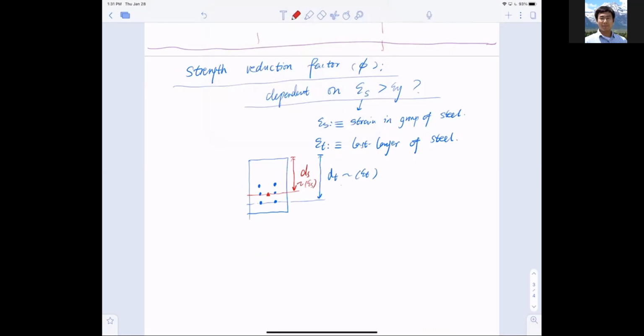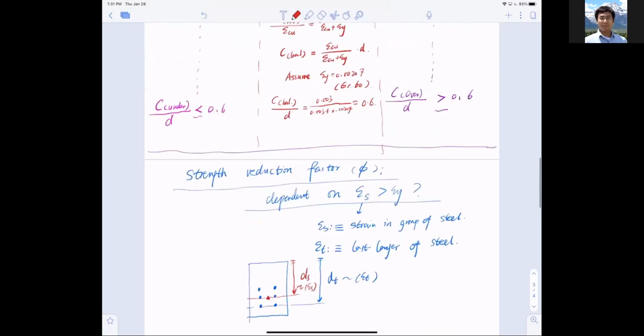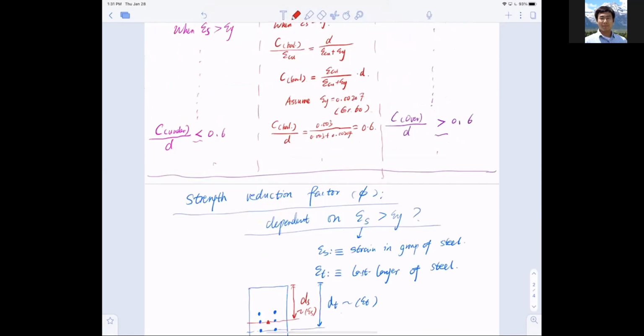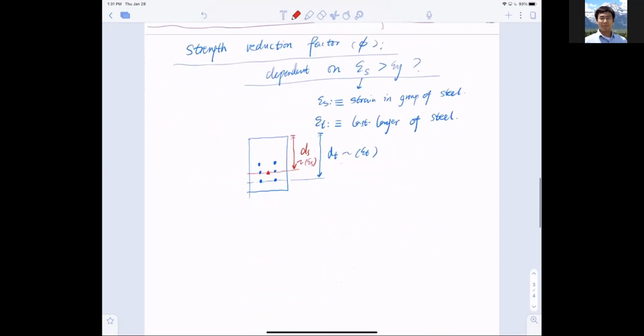All right, that's the definition. So based on the three conditions, the strength reduction factor changes as well.